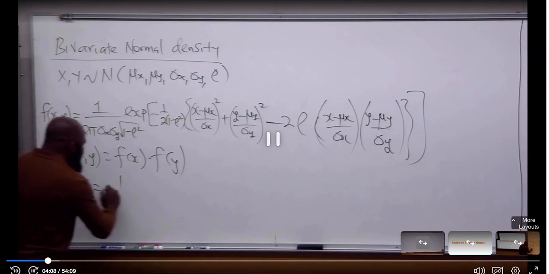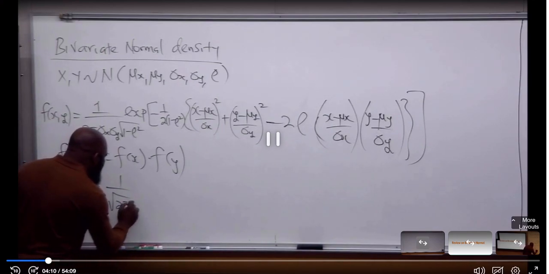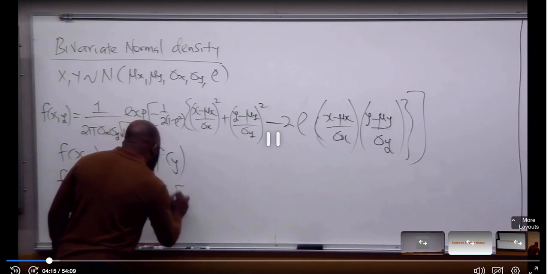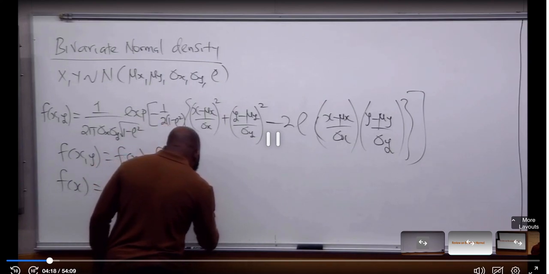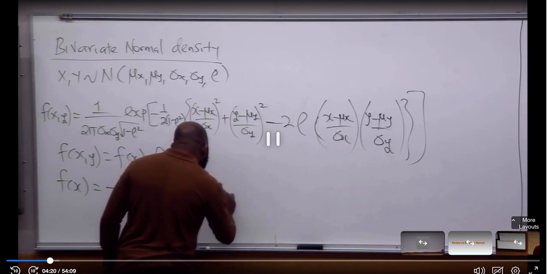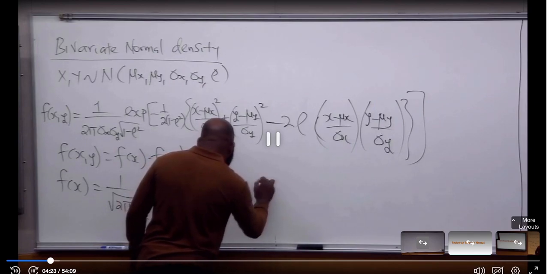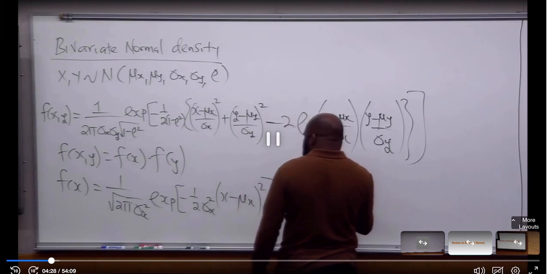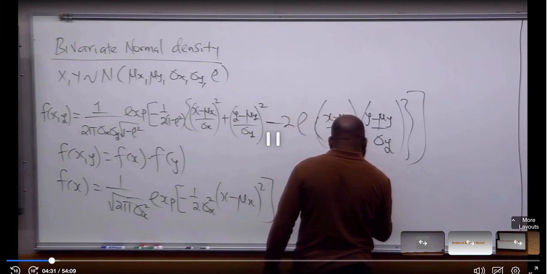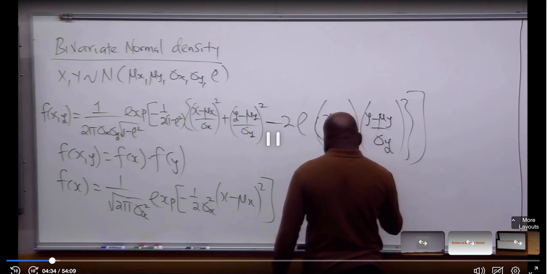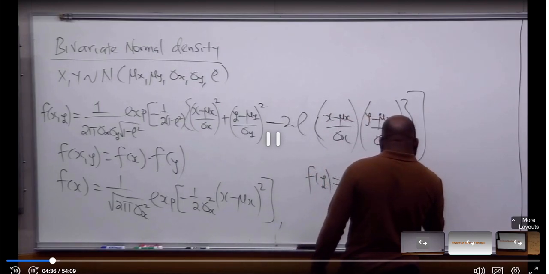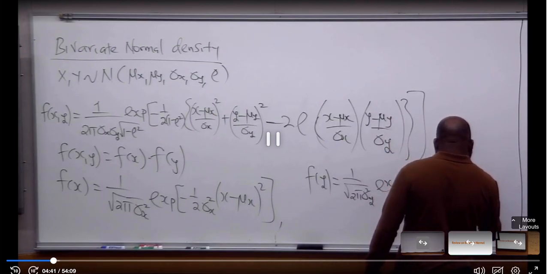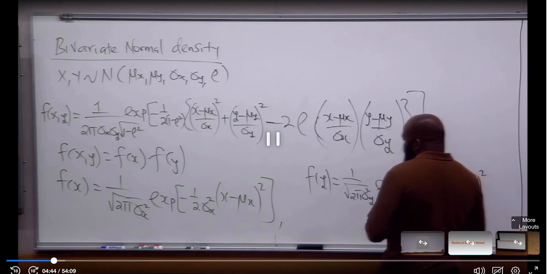And of course, f of x is 1 over square root of 2 pi sigma x, times exponential raised to the power negative half of (x minus mu x over sigma x) squared. And similarly, f of y is 1 over square root of 2 pi sigma y, times exp of negative half of (y minus mu y over sigma y) squared.